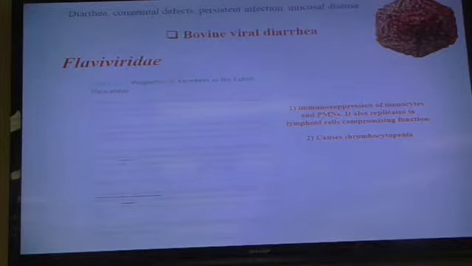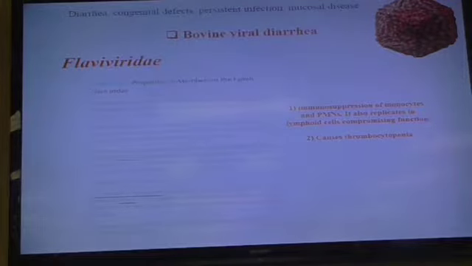This is again an RNA virus, and it causes immunosuppression because it infects monocytes and polymorphonuclear cells, PMNs. It replicates in lymphocytes as well, and causes thrombocytopenia, hence the presence of hemorrhage.